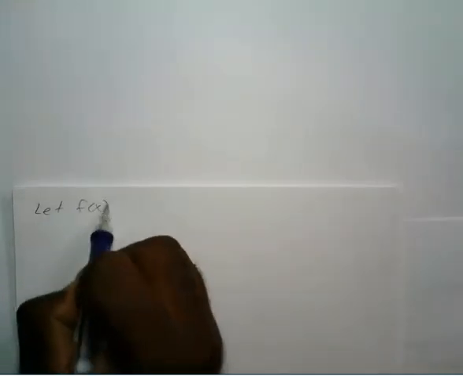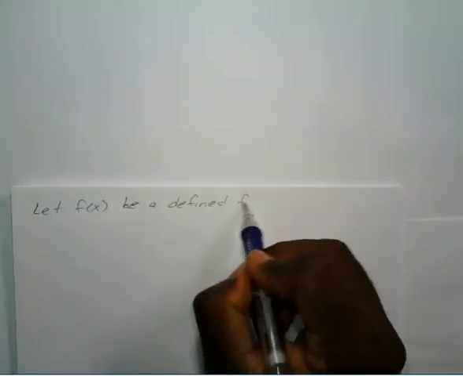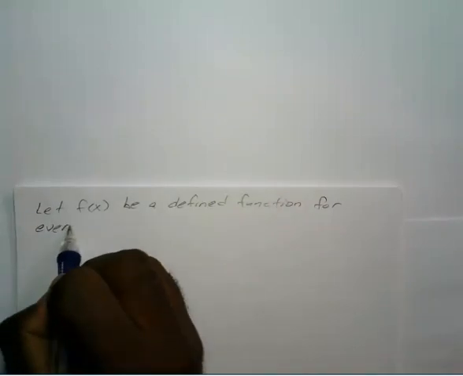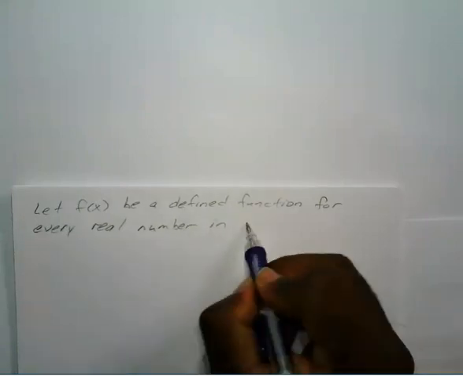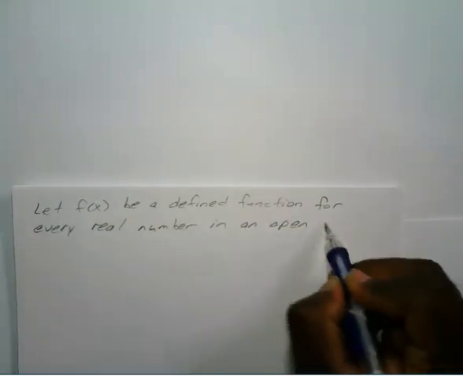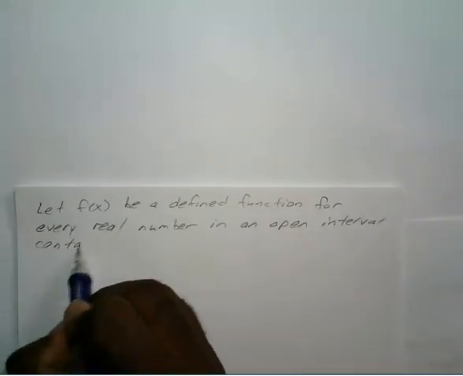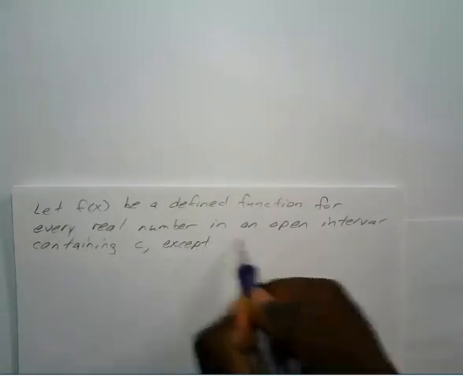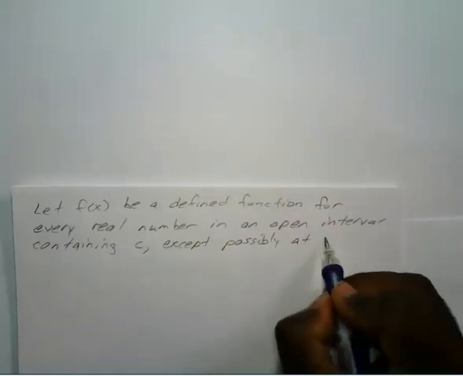Once again, we're going to let f of x be a defined function for every real number in an open interval containing c, except possibly at x equals c.